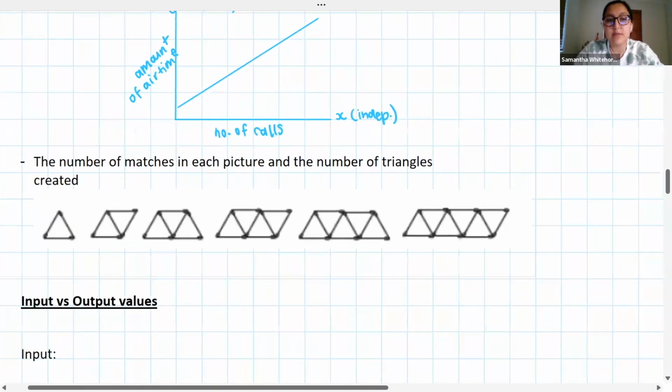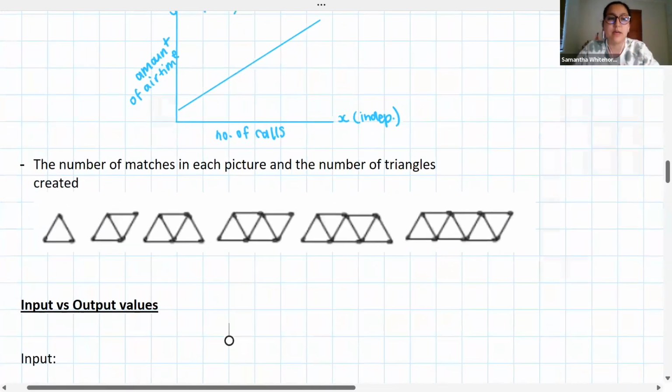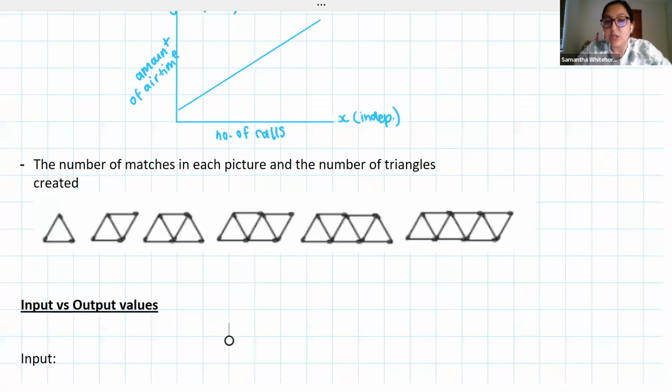Okay, so let's think about this second scenario over here. A lot going on. We've got the number of matches in each picture and the number of triangles created. So I'm not going to do anything. I want you to tell me, am I going to need more matches for more pictures or less matches for more pictures? Hopefully my words made sense this time.